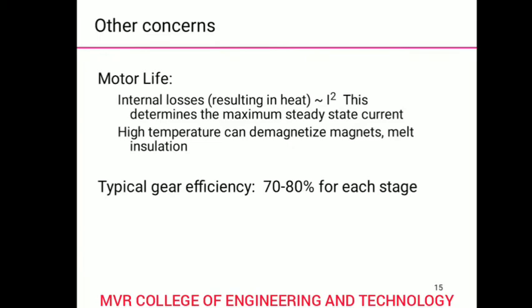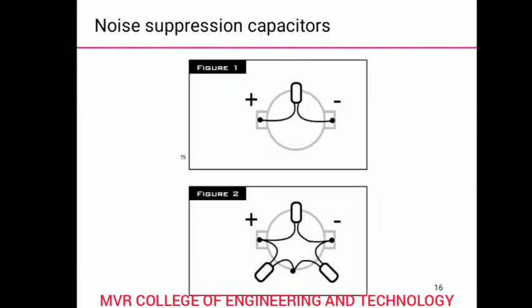These I square R losses produce heat, and this determines the maximum steady state current, and high temperature can demagnetize the magnets and melt the insulation. The typical efficiency is 70 to 80% for each stage. The noise will be heavy for this motor, so in order to suppress the noise, capacitors are placed on the motor.